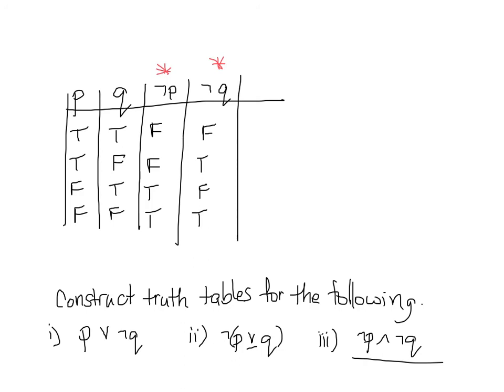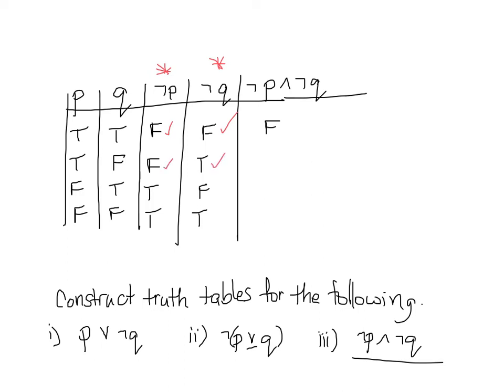To be true, both those statements should be true. And again, we're not focusing on P and Q anymore; we're focusing on not P and not Q. So to be true with and, both must be true. In this case, neither is true, which means that is false.